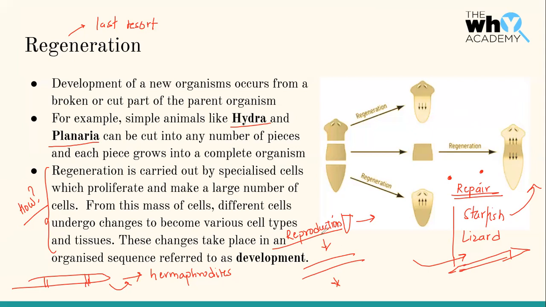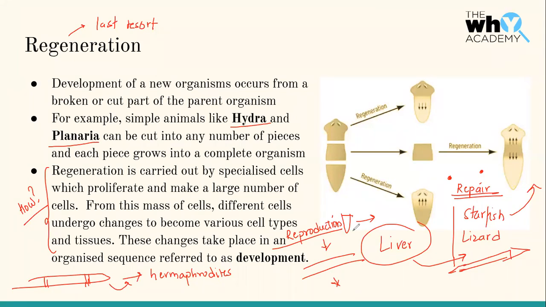Okay. I think Mansi gave a good example of regeneration in humans also, right? I don't know if you heard about it. Ma'am, there can be fission also in humans. Like during reproduction, once a zygote is formed, after that it creates many cells, right?